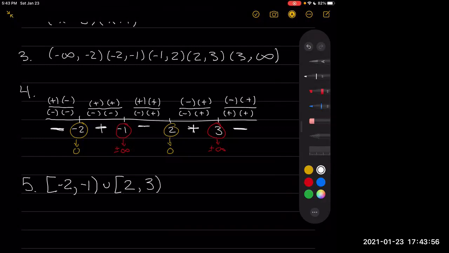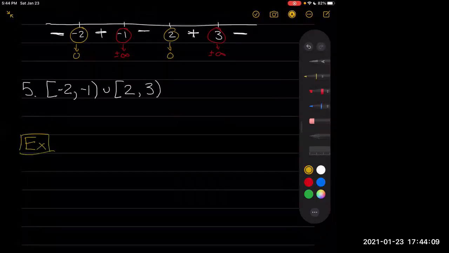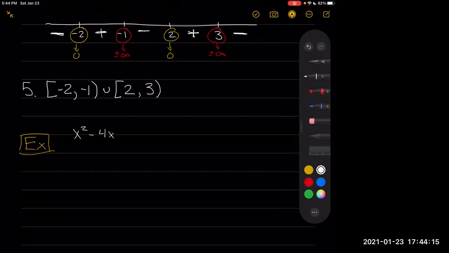All right. So I'm going to quickly run through another example just to help illustrate this one more time. So we're going to look at when x squared minus 4x plus 3 over x squared minus 4x minus 5 is greater than or equal to 0.